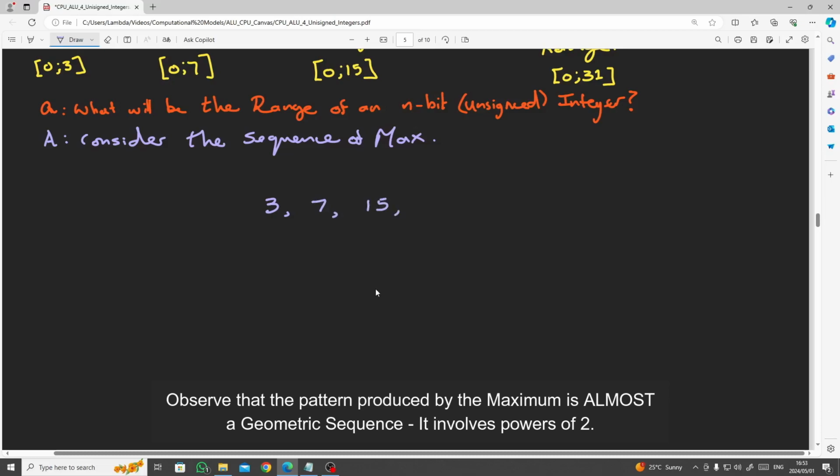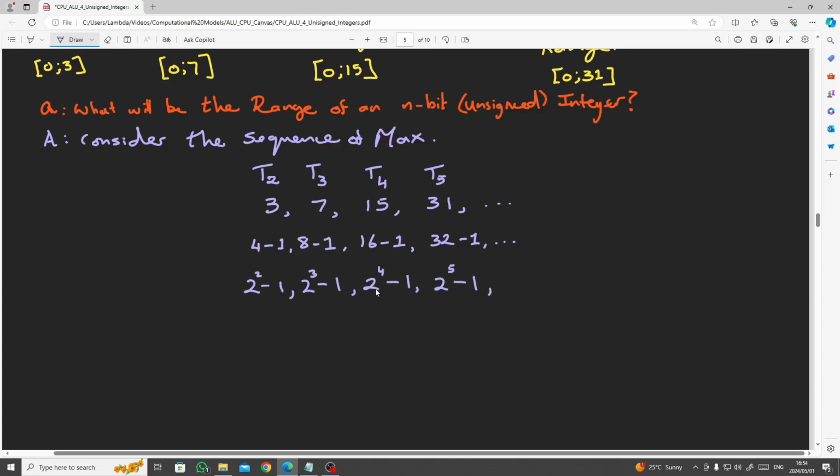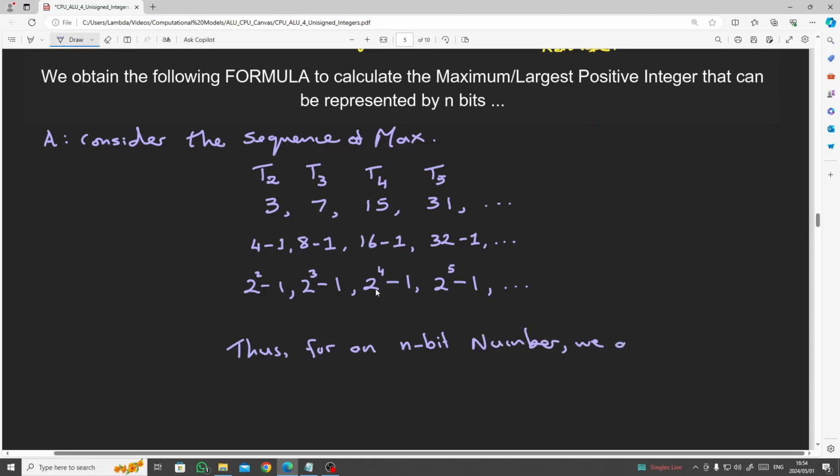Observe that the pattern produced by the maximum is almost a geometric sequence. It involves powers of 2. Thus, we can rewrite the terms as index powers of 2 minus 1. We obtain the following formula to calculate the maximum or largest positive integer that can be represented by n bits.